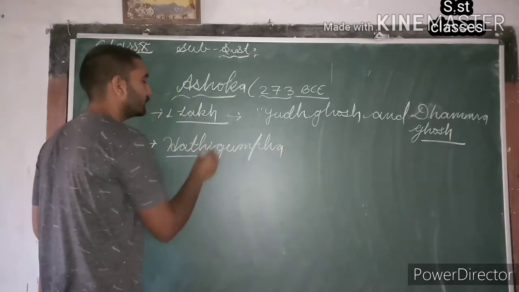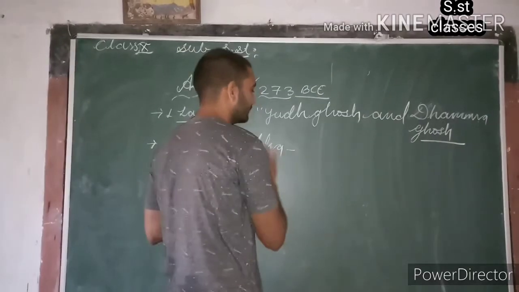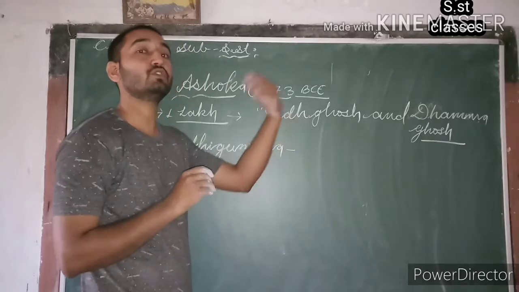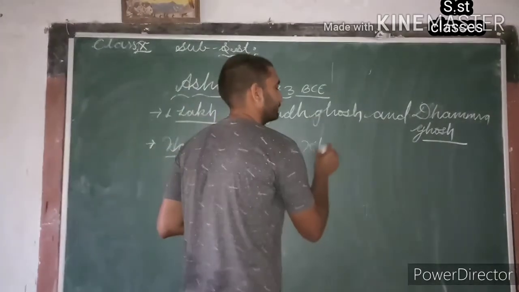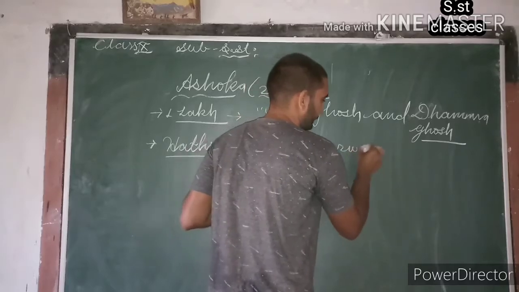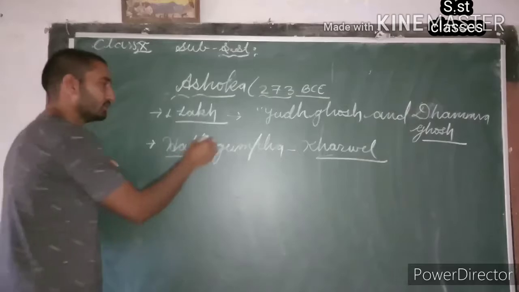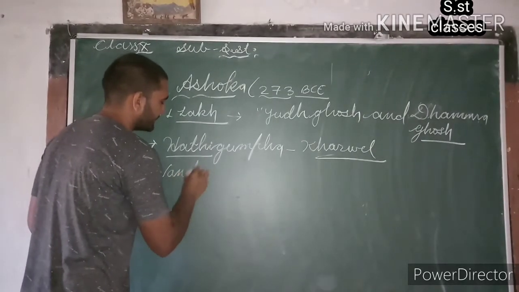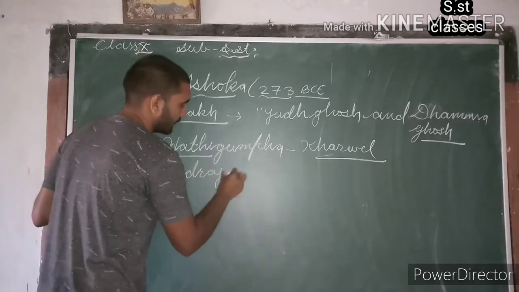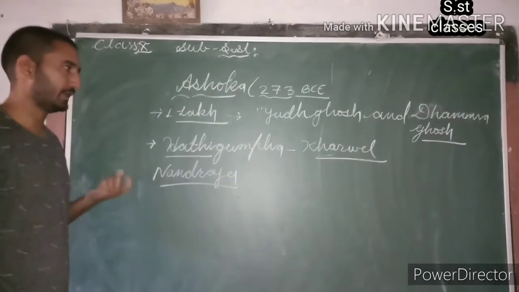The Hathigumpha rock edict was a rock edict related with Kharavela, the future ruler of Kalinga. According to this rock edict, at the time of Ashoka, when Ashoka invaded Kalinga, Nanda Raja was the ruler of Kalinga.